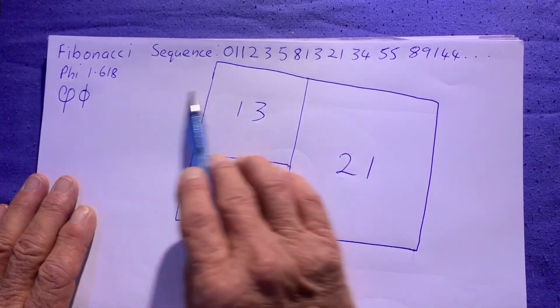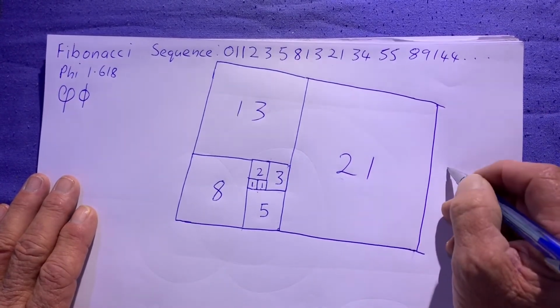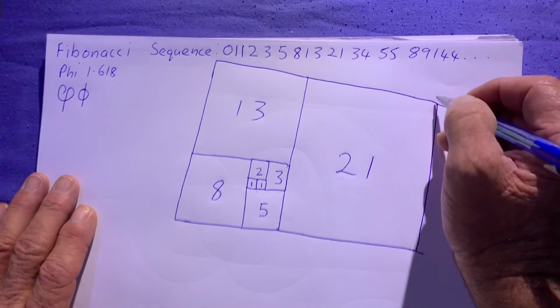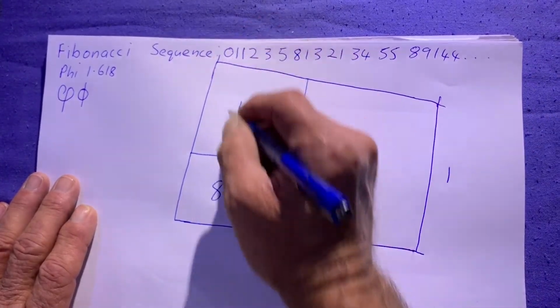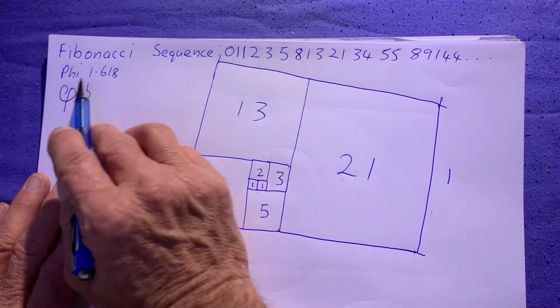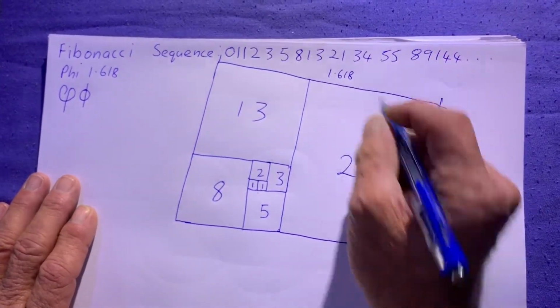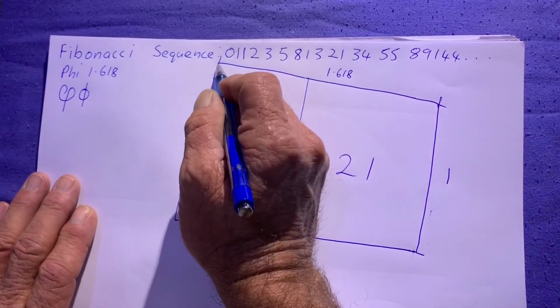So if we were to get this measurement here, which we say 1, and get this measurement here, if we were to get that measurement, times it by 5, 1.618 would actually give you that measurement across there.